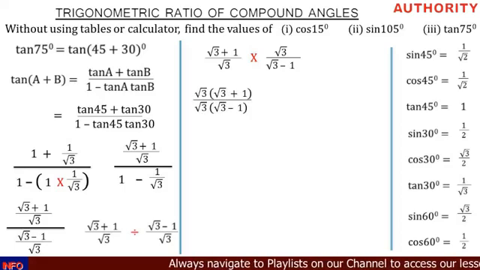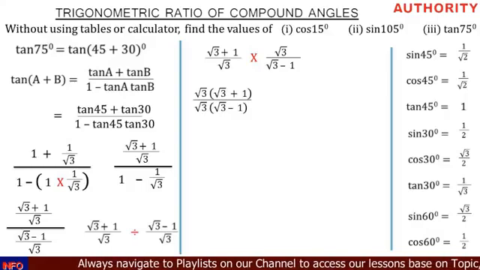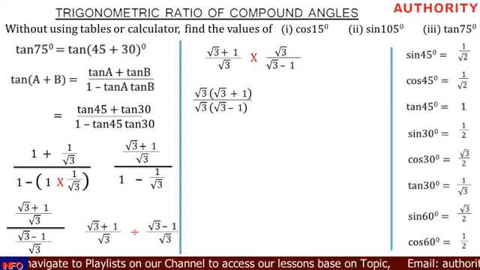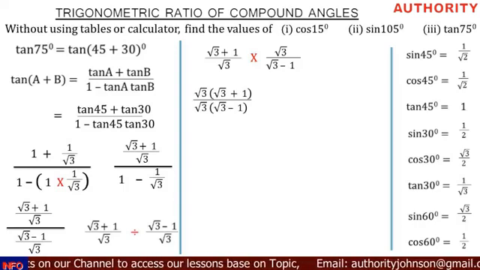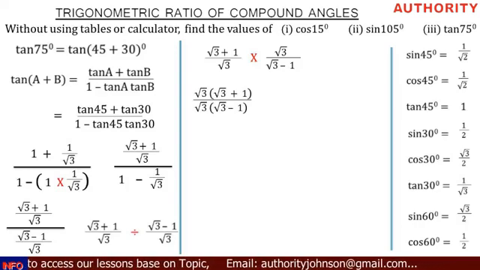Now let's multiply the numerator. We're going to simply say root 3 open bracket root 3 plus 1 all over root 3 open bracket root 3 minus 1. Yes. So here we have root 3 open bracket root 3 plus 1 all over root 3 open bracket root 3 minus 1.